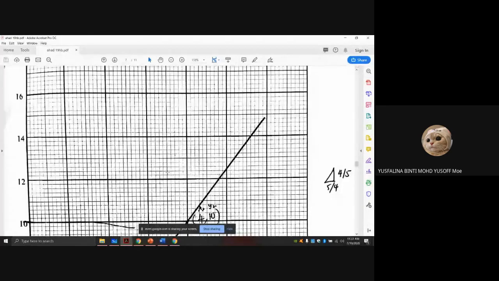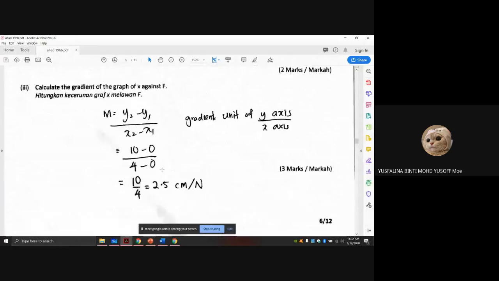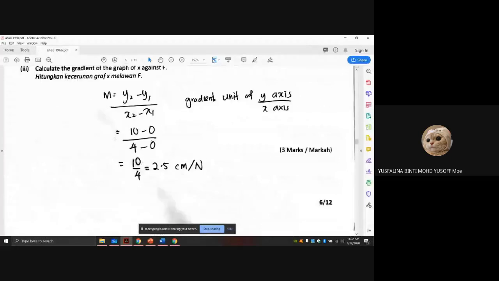And then the next thing, you know the formula of the gradient, right? So y2 minus y1 over x2 minus x1. So for y2, I take the value 10 and 4. So 10 minus 0, divided by 4 minus 0, and you get the answer.